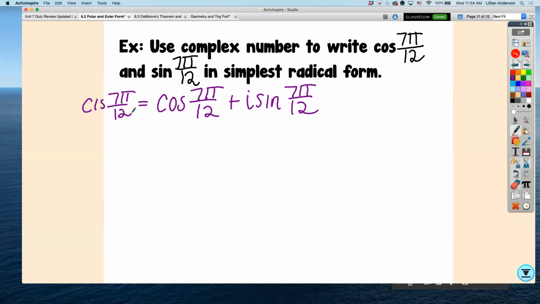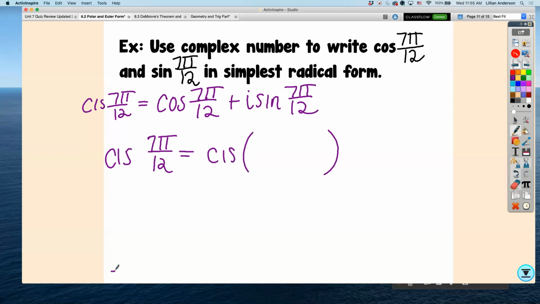Downside is 7 pi over 12 isn't on our unit circle. So is there a way I could get 7 pi over 12? That addition property, that identity that we learned back with circular functions, where if I have an angle, I can create it to be the sum of two angles or the difference of two angles.